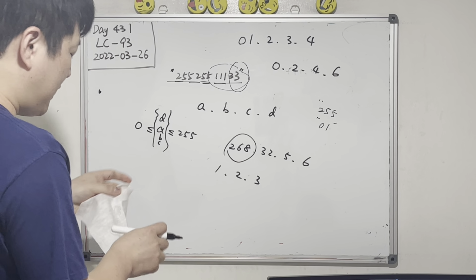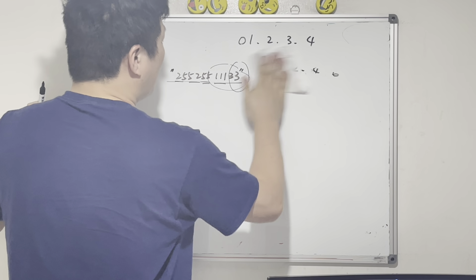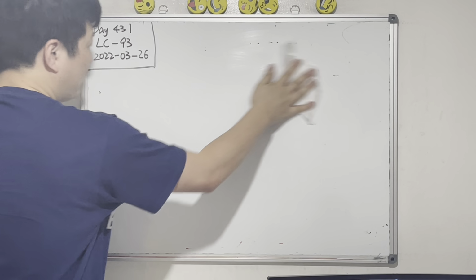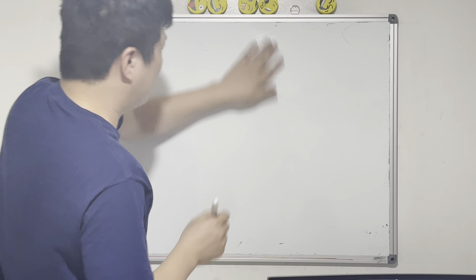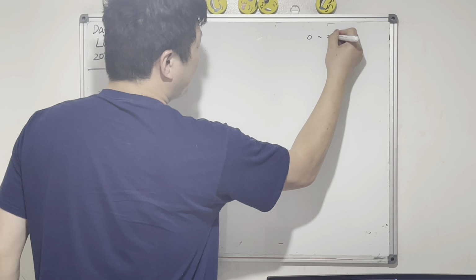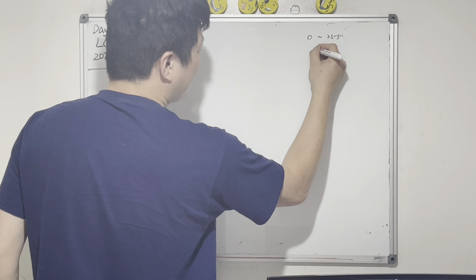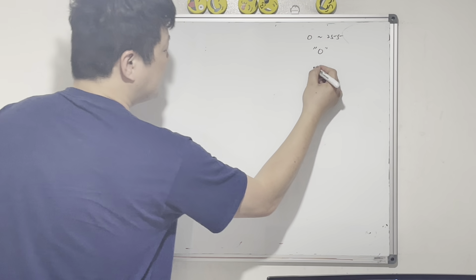There's only one thing we need to remember: when jumping over digits, we have to check if it's valid, that is, between 0 and 255, and if it's 0, it can only be represented as a single 0. It can't have this 0 0 thing.